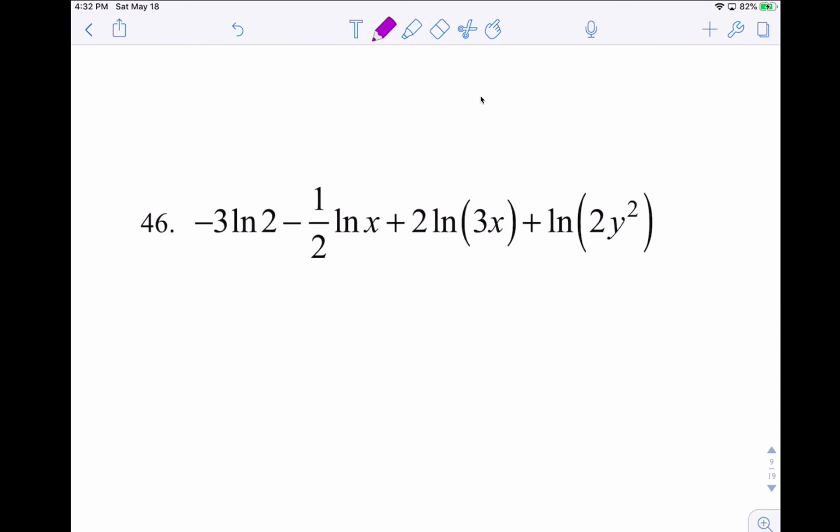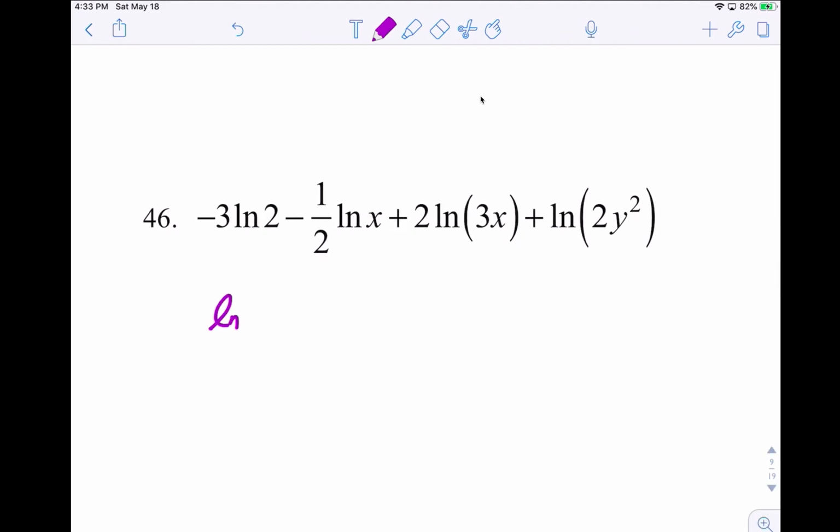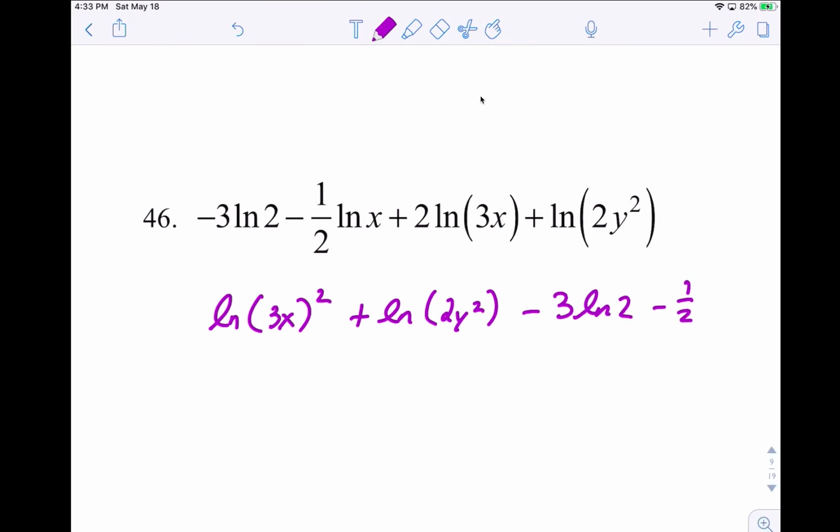Okay, and then the last one here. What am I going to do? Alright, so what I'm going to do is I'm just going to kind of rearrange some things here. I got natural log of 3x squared plus natural log of 2y squared minus 3 natural log of 2 minus 1/2 natural log of x.